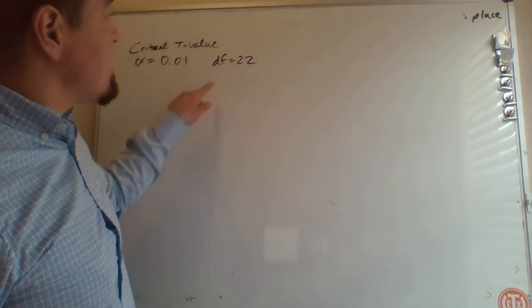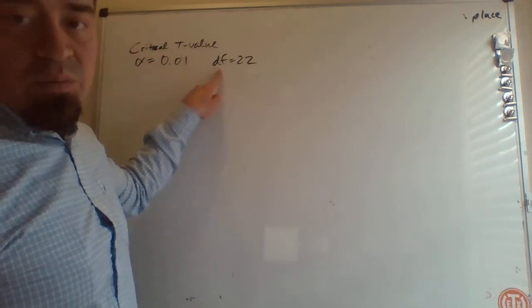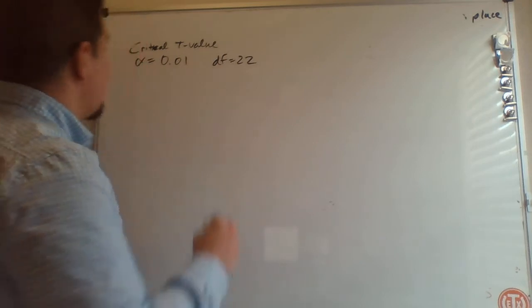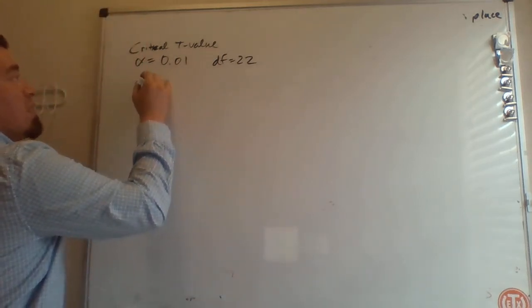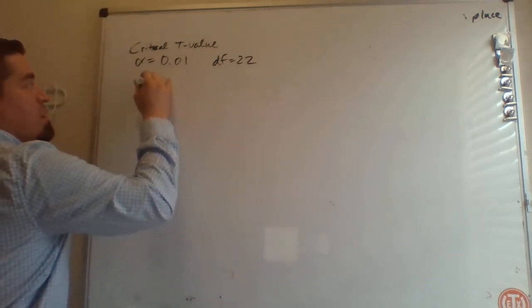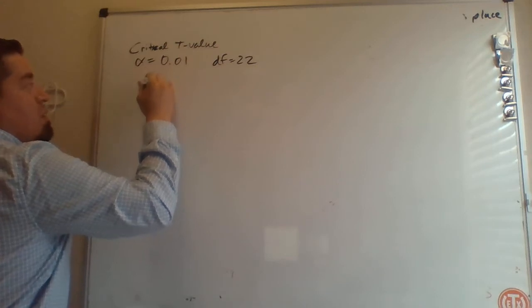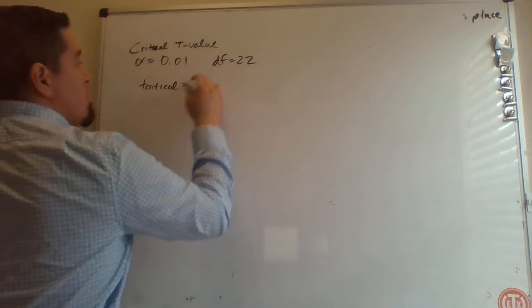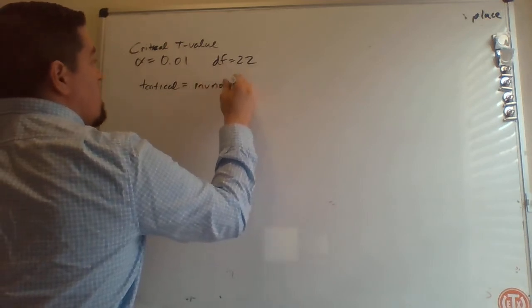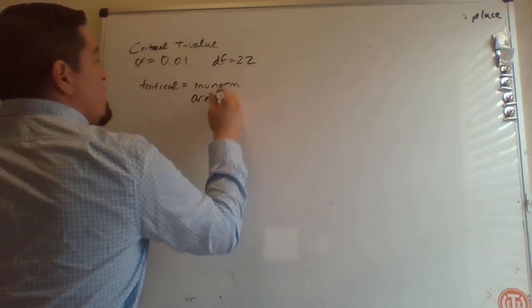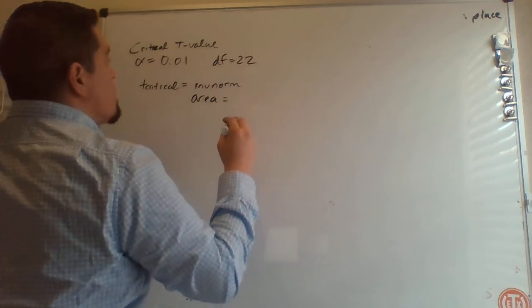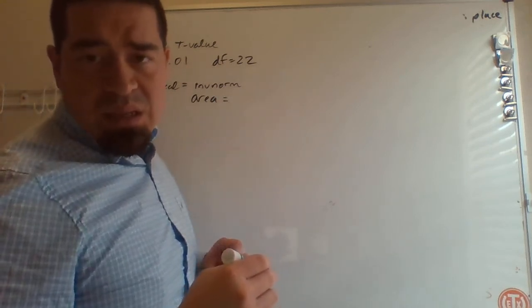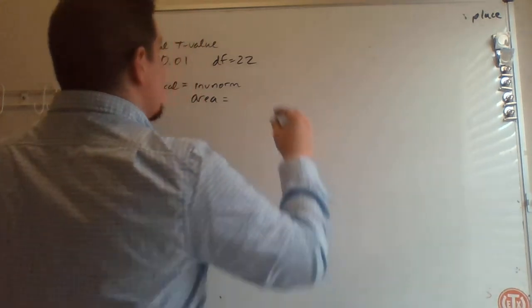Just a side fact, that means the sample size would be 23. So for your t critical, it's going to be the inverse t with area equals 0.01, right? Because it does say for a left-tailed test.